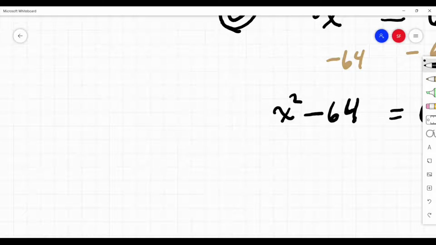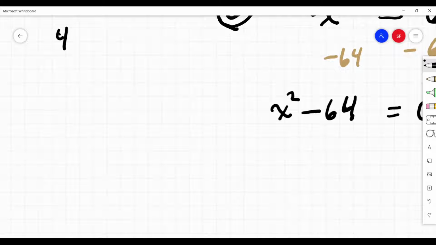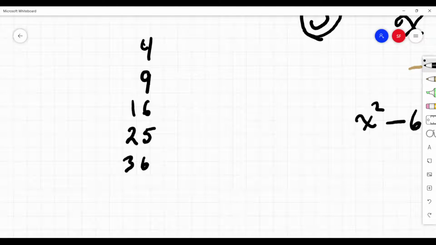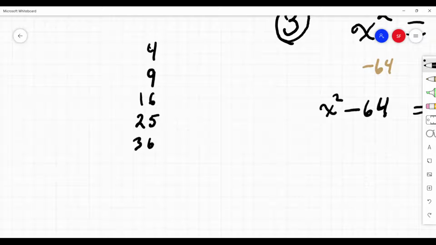So what's 2 times 2? 4. So that's a perfect square. What's the next perfect square? 9, because that's 3 times 3. What's the next perfect square? 16. And then 25. 36. 49.